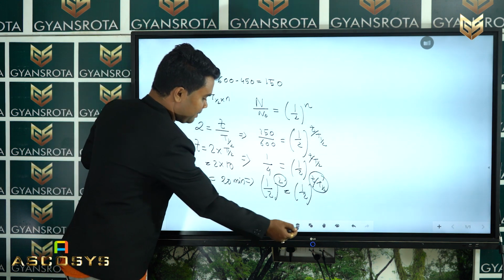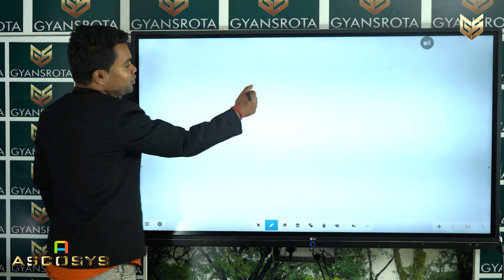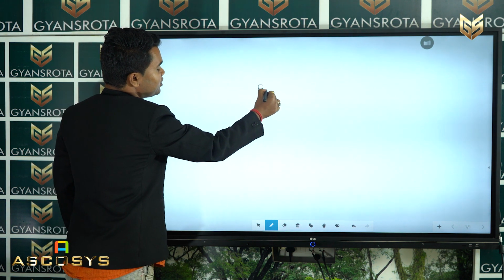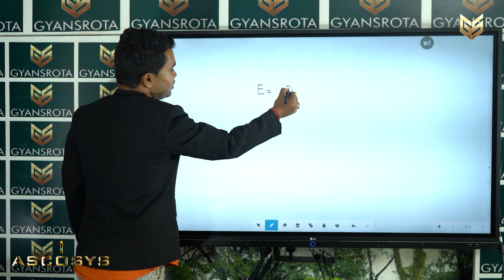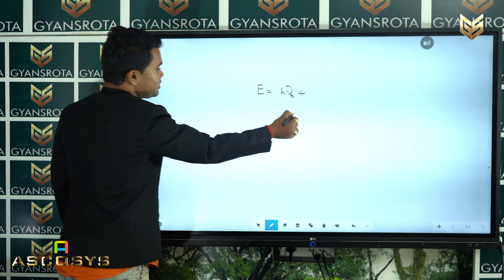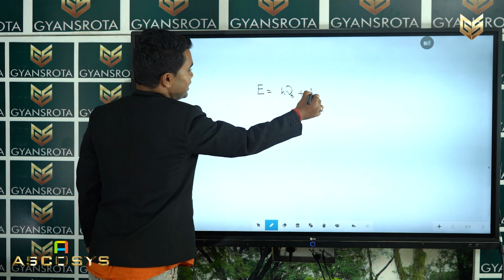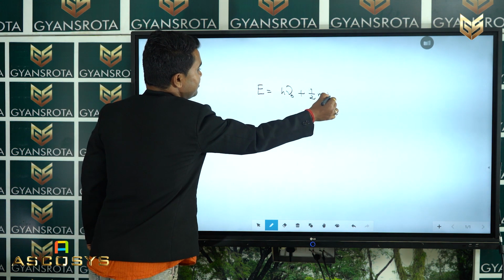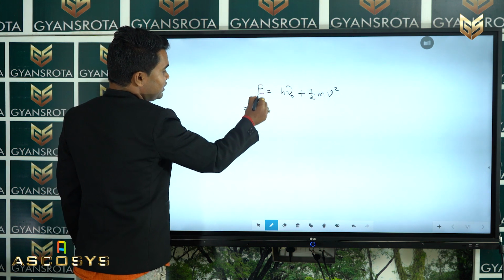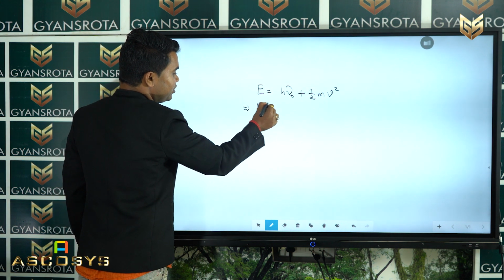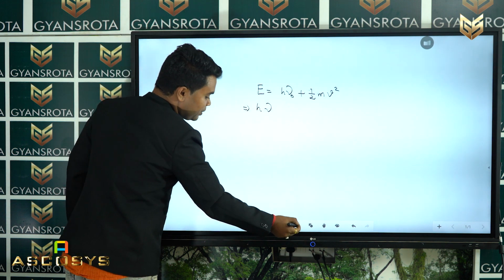We know Einstein's photoelectric equation is given by E is equal to, what do you write down? h mu naught plus kinetic energy, that is half m v square. For the first case, E equals h mu, but out here the mu is given to be how much?